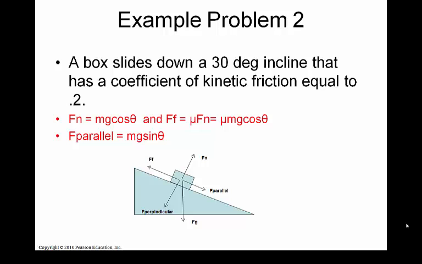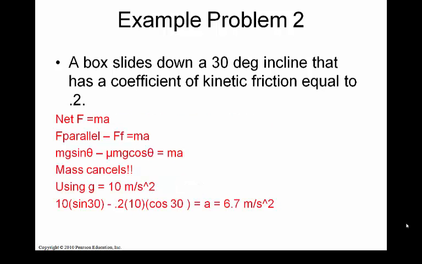And remember, F parallel is mg sine theta. Plugging into net F equals ma, we get F parallel minus Ff equals ma. mg sine theta minus mu mg cosine theta equals ma.